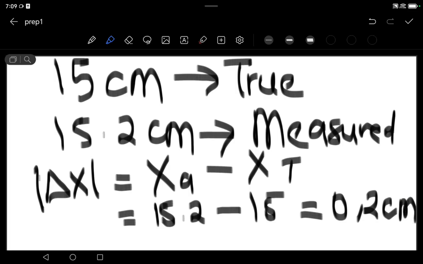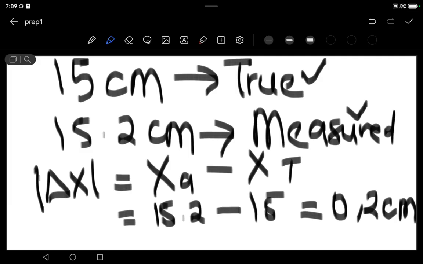We have the true value that comes with the phone, and the one we measured with a ruler or tape, 15.2 centimeter. So this is how we calculate errors.